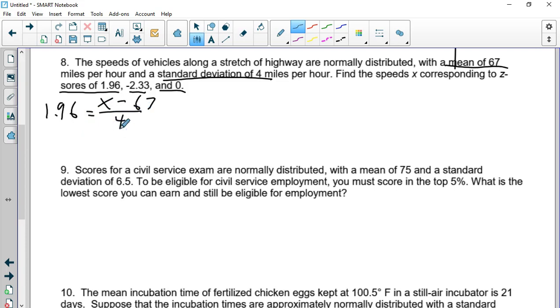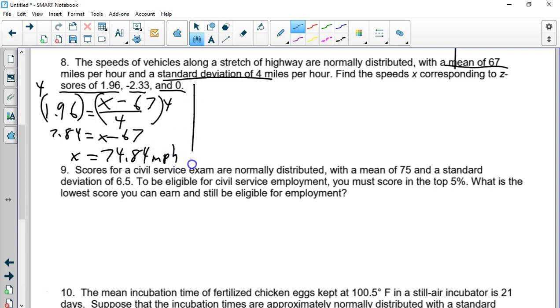Now we're just doing basic algebra. How do we get back to x? Well, first thing we need to do is get rid of the 4. That gives me 7.84 equals x minus 67. If I add 67 to both sides, I end up with 74.84 miles per hour.